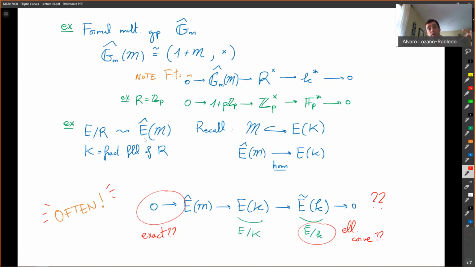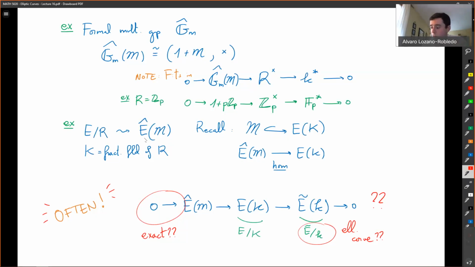And this is telling me that there is a big chunk, which is the formal group, and a little chunk, because now an elliptic curve over a finite field, we know by Hasse's bound, has just a finite number of points, and we can actually just compute by hand what is the right-hand side of this exact sequence. So it's telling me that almost everything comes from the formal group when I think about the elliptic curve over the p-adics. So if I am able to settle this exact sequence, then I know a lot of information about elliptic curves over the p-adics.